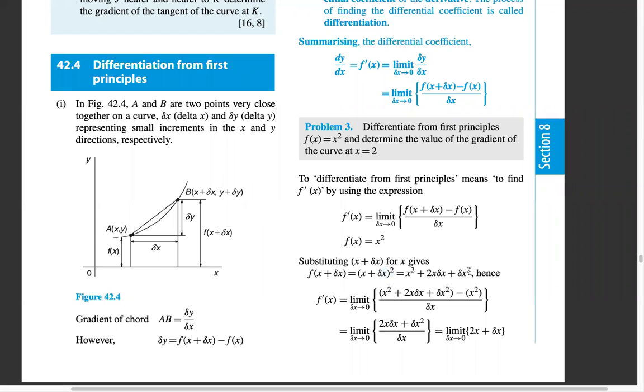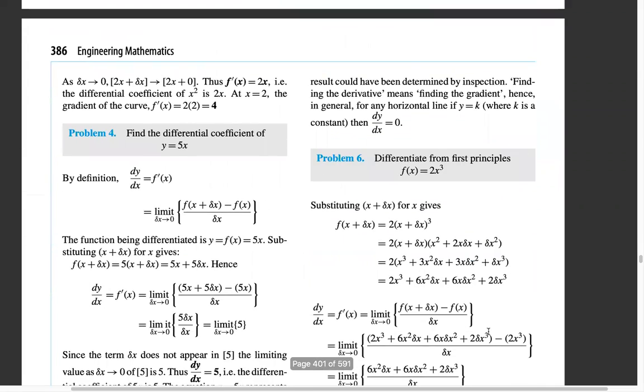If you expand this out, you'll get this expression here. So the limit as delta x tends to 0 is this expression divided by delta x, which is all of this here. Now you see the limit as delta x tends to 0 of 2x plus delta x. If delta x tends to 0, you'll end up with 2x, okay? And that's really what dy dx is, or what we call f prime x.